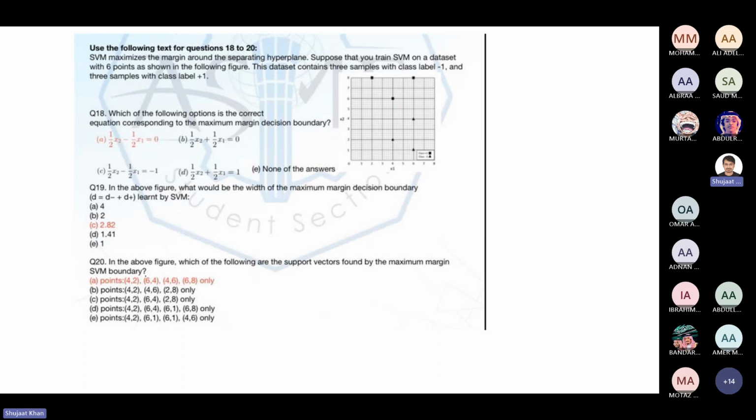So 6 minus 4 is 2, and 6 minus 4 is 2. So 2 square is 4, plus 4 is 8, and the square root of 8 is 2 root 2. This is the margin.